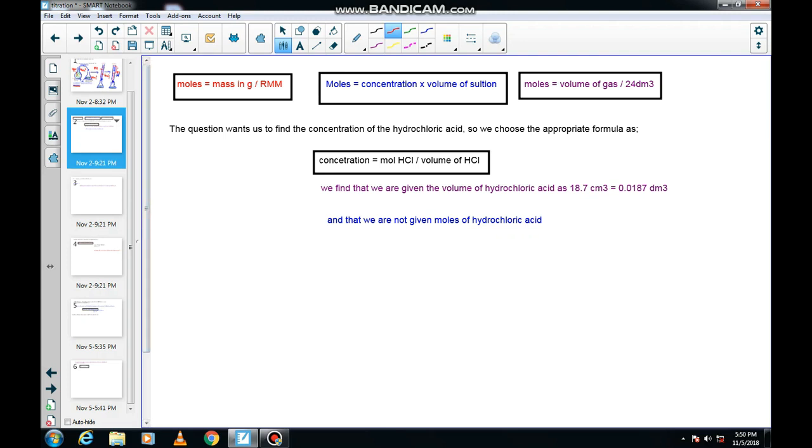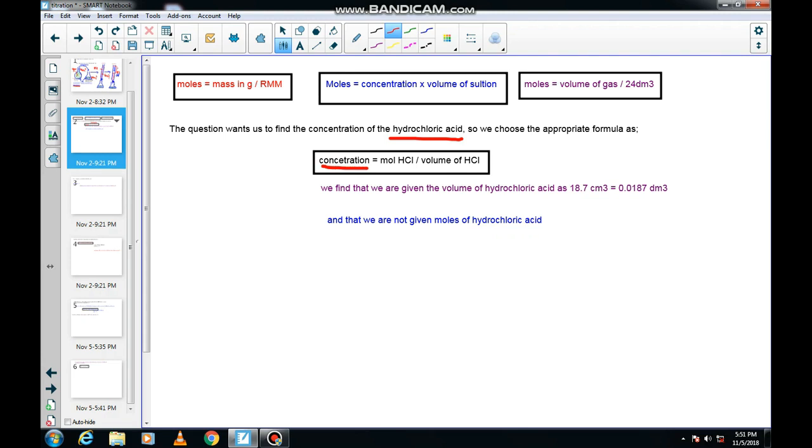Now, this question wants us to find the concentration of the hydrochloric acid. From these three formulae, the formula that is appropriate to use is the one that says concentration equals moles divided by the volume. We want to find the concentration.